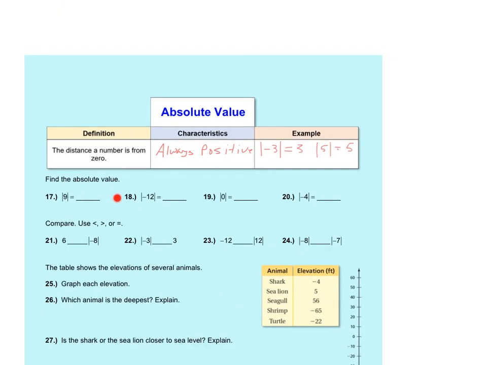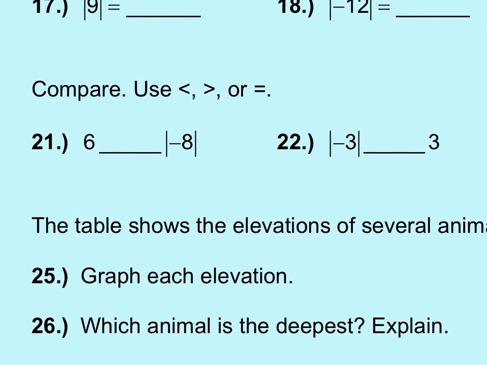Okay, find the absolute value of those first 4. So just look at the example here. And then here you have to decide which one's bigger, 6 or the absolute value of -8. Remember, the absolute value of -8 is 8. So this question here is which is bigger, 6 or 8? We're not taking the absolute value of that because it doesn't have the bars around it.